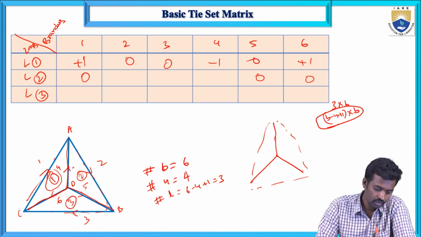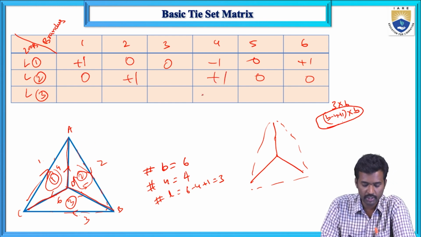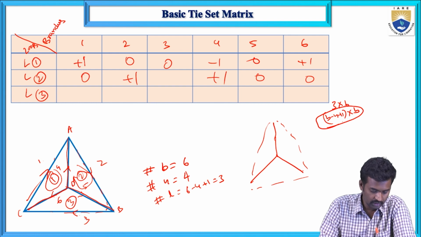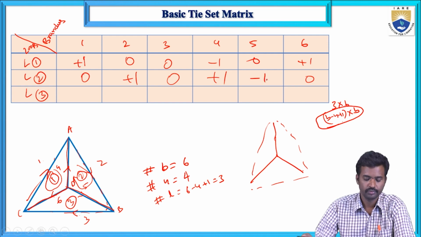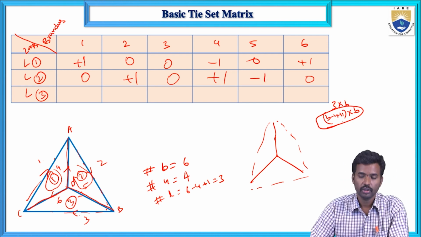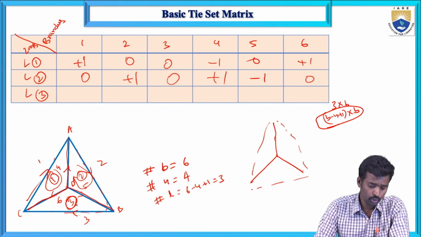And next, this fourth is the same direction, this direction, and 2 is the same direction, plus 1 and plus 1. Next 3 is not associated, 0, and this fifth one is the opposite direction, minus 1. Next, loop 3 elements are links.